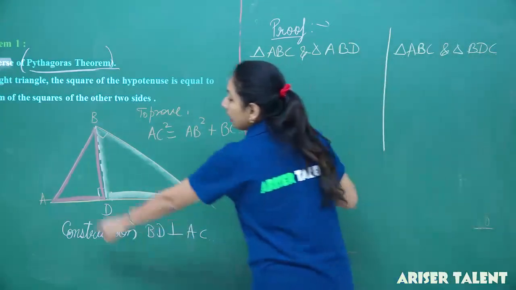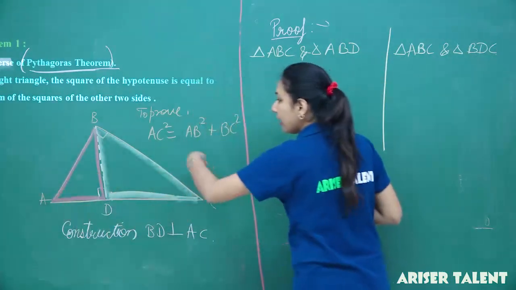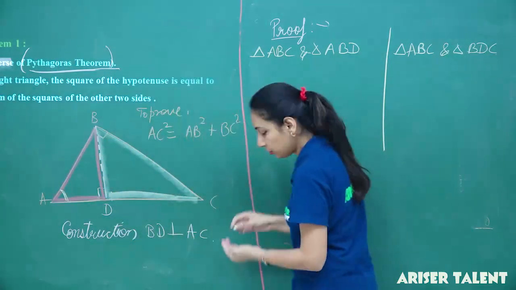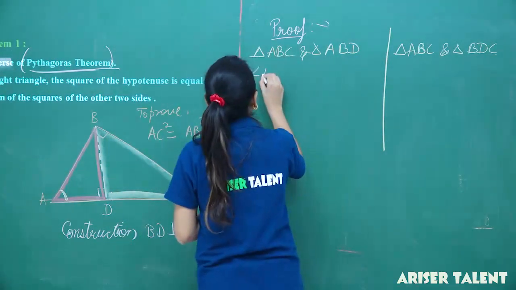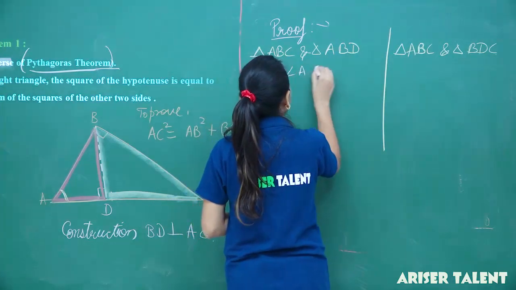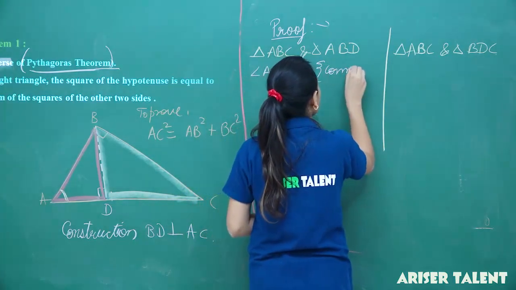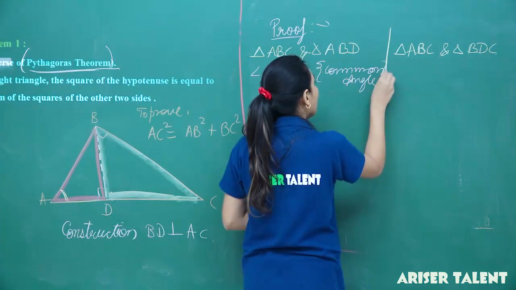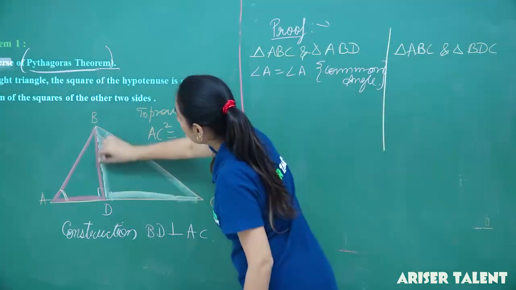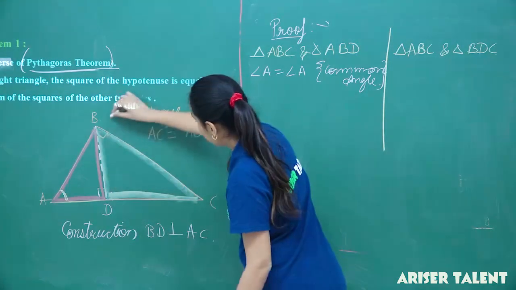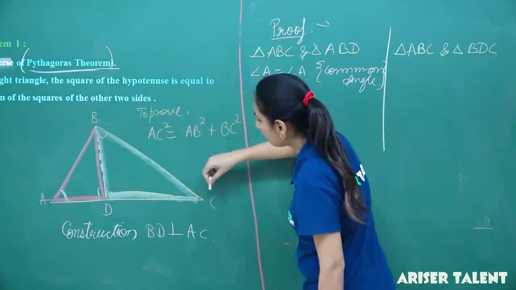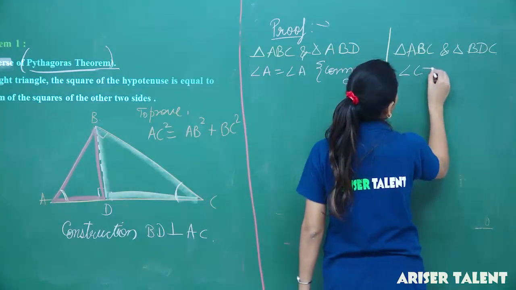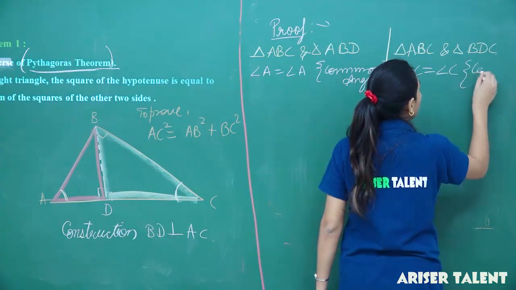So if you look at ABD and the complete triangle ABC, this angle is common, right, student? So angle A equals angle A. This is the common angle. So I'll write just here, if I look at this triangle BDC and this triangle ABC, what is common? Angle C is common. So angle C equals angle C, common.